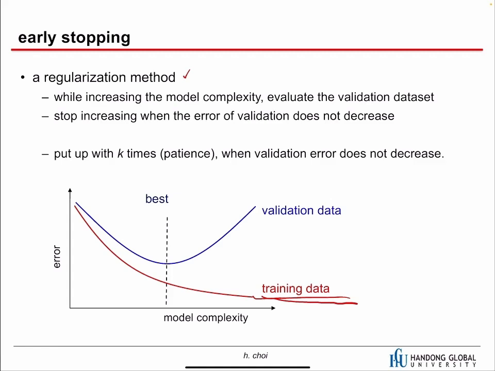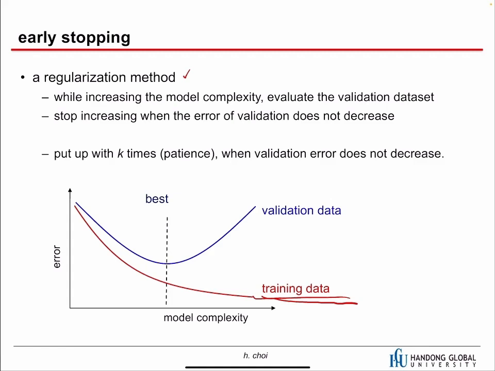Training data set will be used to update the parameters, but the validation data set should not be used to update the parameters. Okay, so we can use validation data set to evaluate the model, the current model, and based on that evaluation, then we can decide something about the model. Okay, it's the evaluation, not the training.